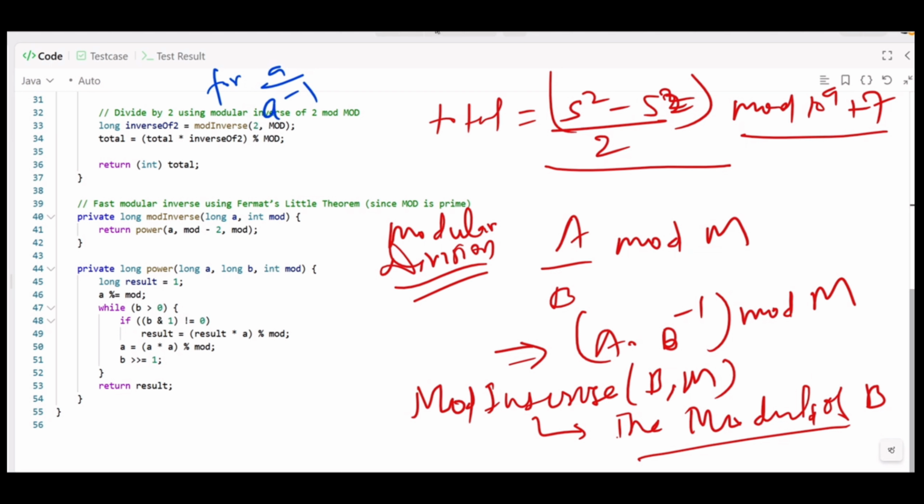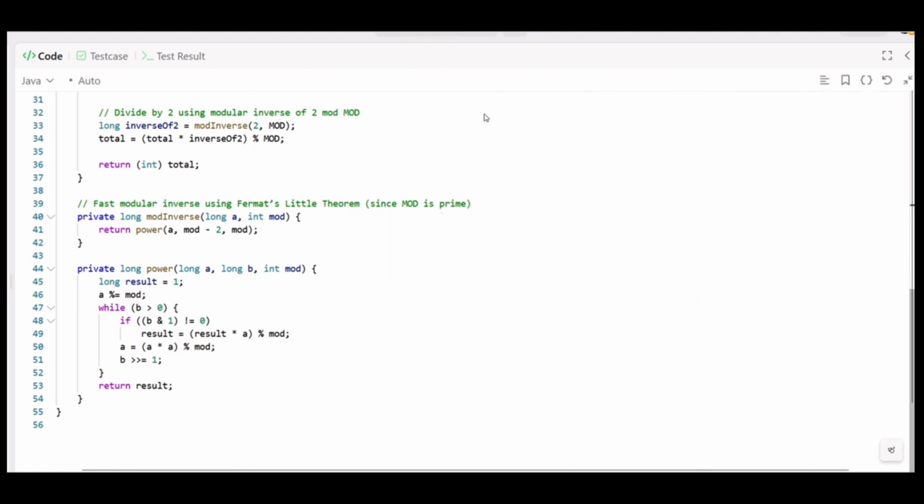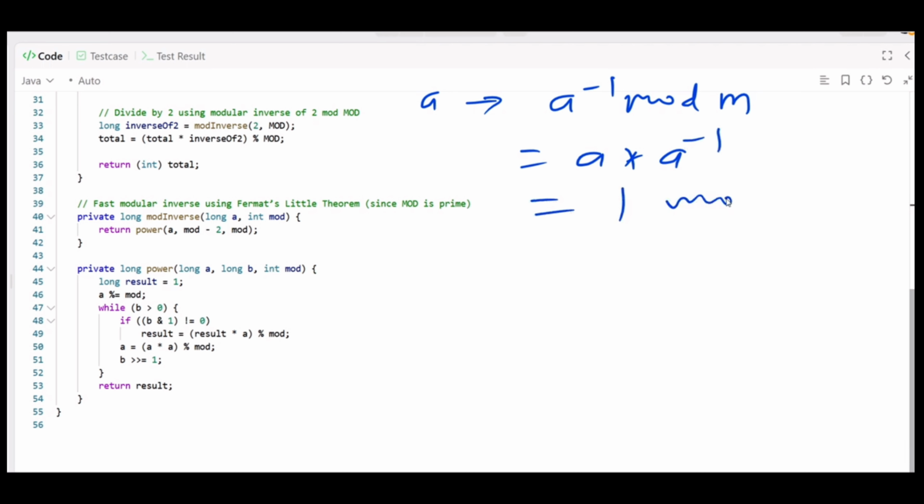Can we say that for integer a, if I want to take the modular inverse of a under mod m, it will become a into a minus 1, and it will become 1 mod m?